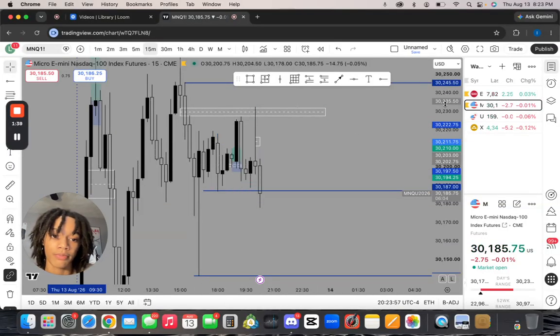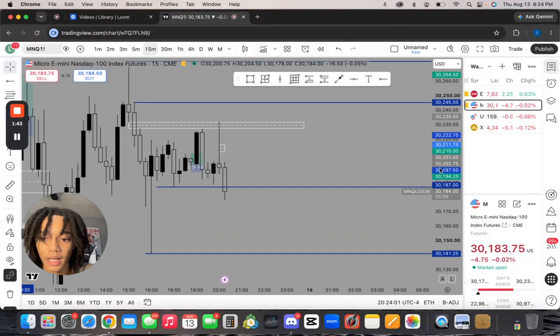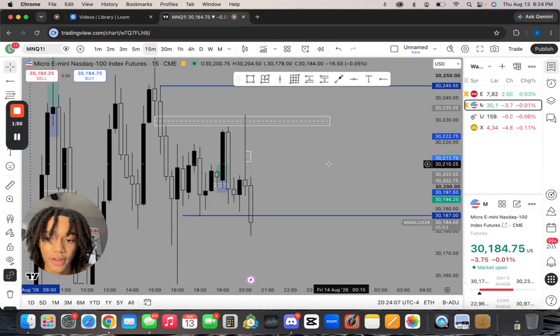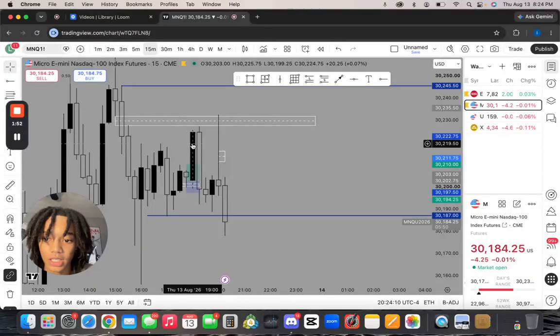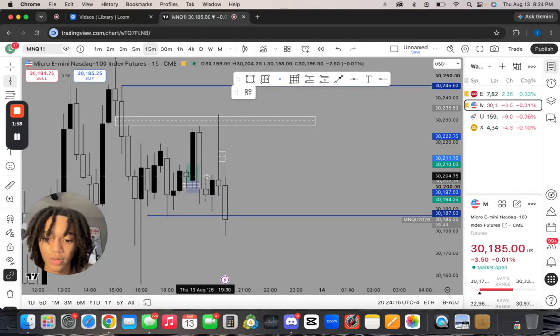Prior to my trade, I went to the 15-minute time frame and saw that we had this 15-minute bearish fair value gap right here that was continuously being respected by price prior to this open. So let me go ahead and mark the open for you.